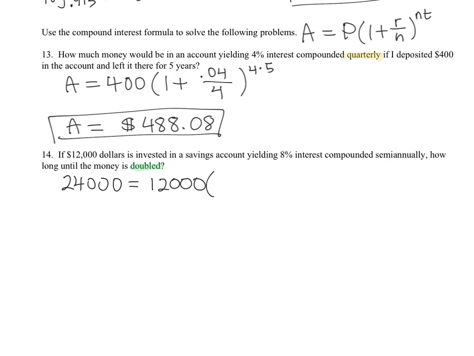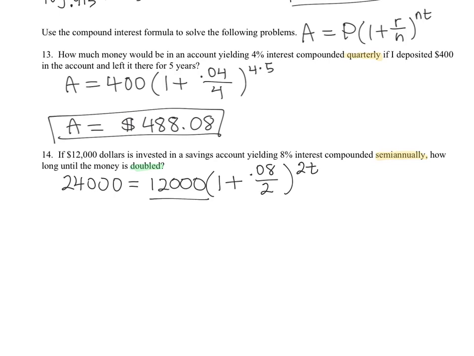And then in parentheses, 1 plus 8% as a decimal is 0.08 over n. So this time the word after compounded is semi-annually, which occurs twice a year. And then our exponent is going to be 2t, since we don't know the time.